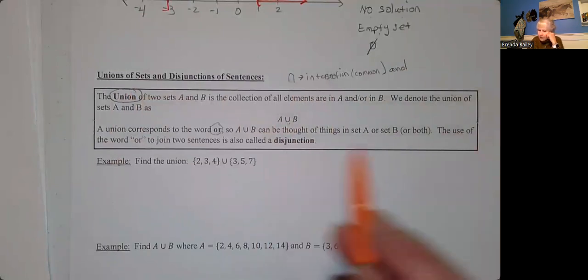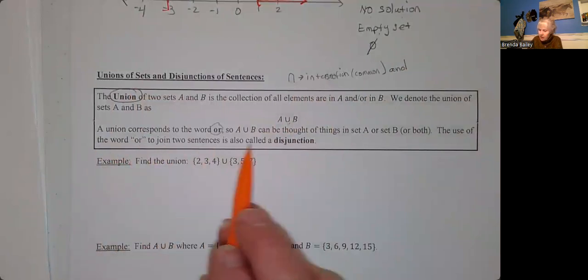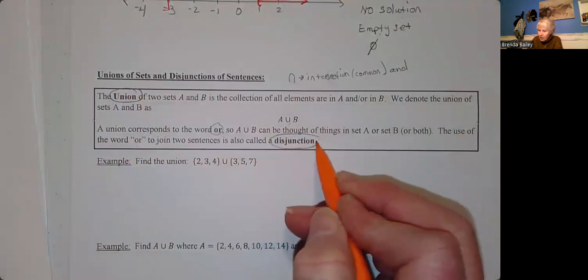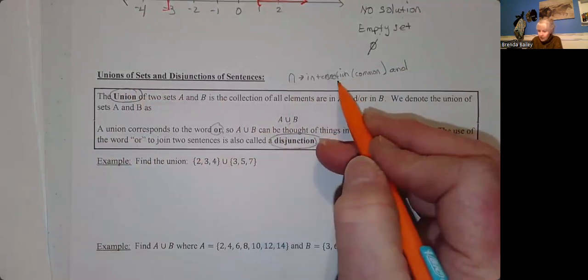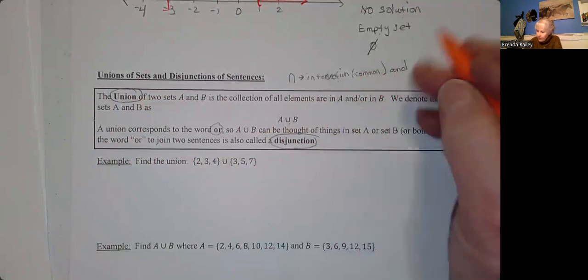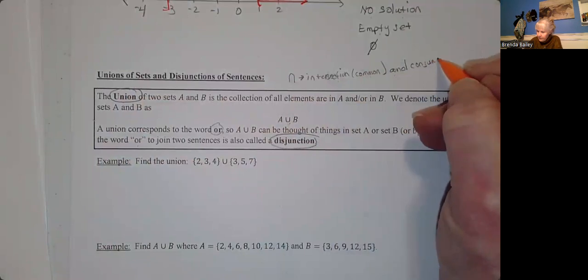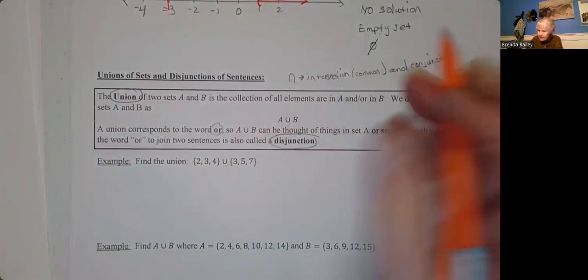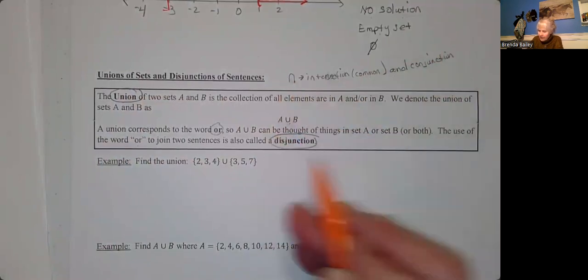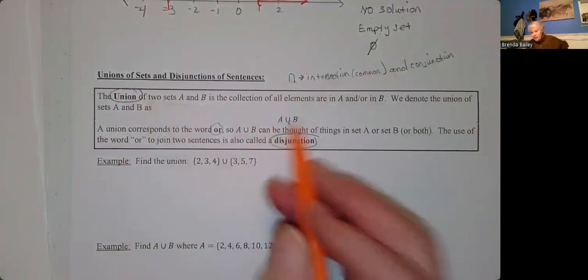Also, the use of the word or to join two sentences is also called a disjunction. So we have a conjunction, intersection, common, and I can put conjunction here. That's that symbol. And then we have the disjunction or union, and it's got this symbol right here.